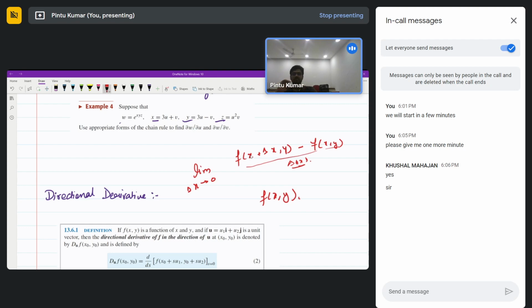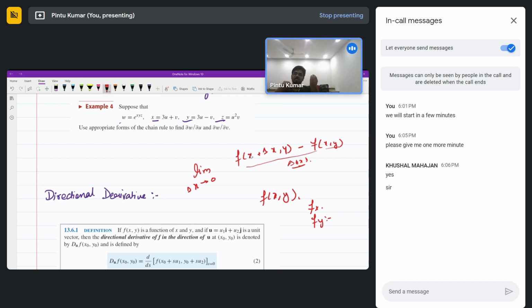So this partial derivative with respect to x is giving you the rate of change with respect to change in your x direction. Similarly, your f of y would give you the change in function, the perturbation in function, if you change your y a little bit, right?